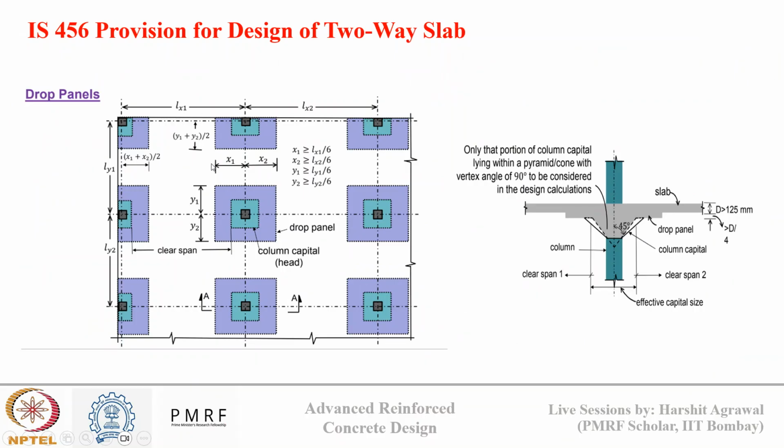The dimension of the drop panel, the code says, should be at least 1/6 the effective length of the slab in both directions. Suppose this is my column, this is my drop panel and this is my column capital. The green one is the column capital and this violet one is the drop panel. So for the dimension of the drop panel, the code has given a provision: it should be at least equal to 1/6 of the center to center distance between columns along both directions.